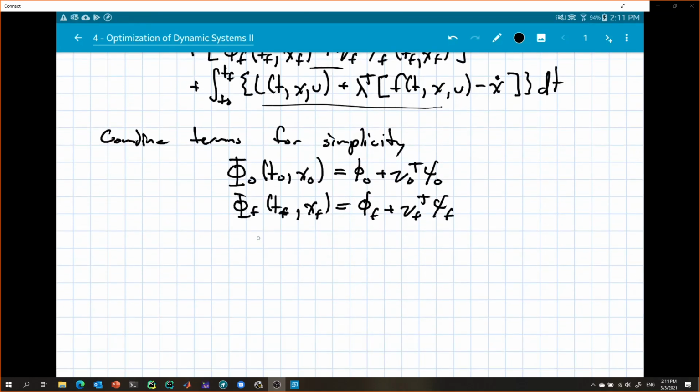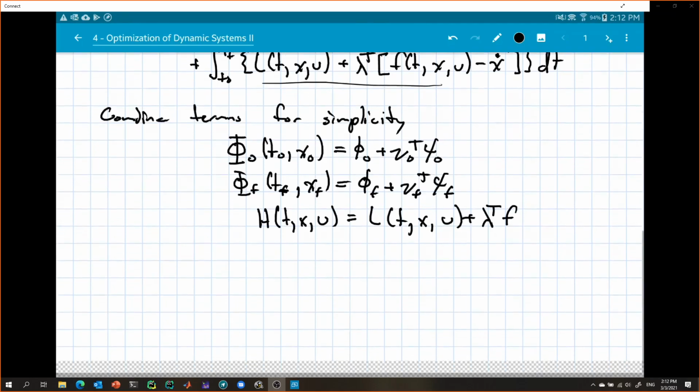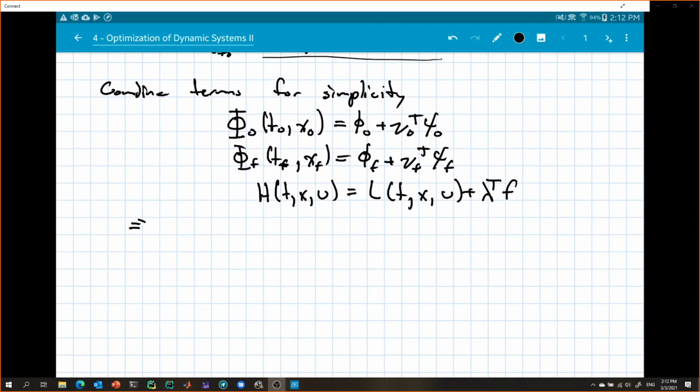And like we had last time, we also have the Hamiltonian. So that has arguments t, x, and u. So the path cost plus the co-states which adjoin the dynamics, but we leave out the x dot as before. So then, kind of simplified, drop the arguments here.